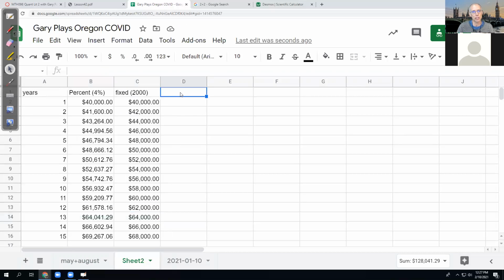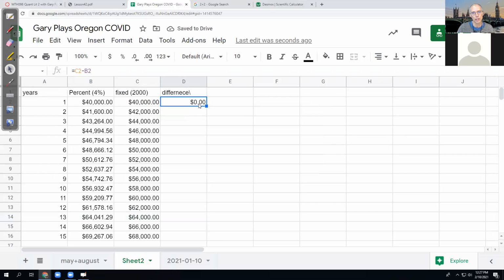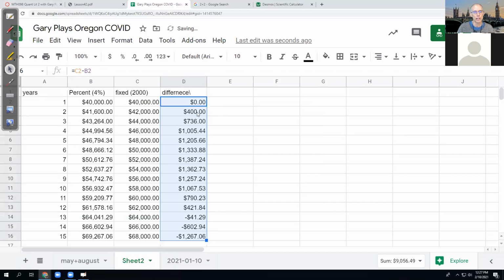So if I look at the difference here, if I take the fixed raise minus the percent raise, at first they're the same. And then if I copy that difference down, the fixed raise seems like it's just a better deal for a long time. But then all of a sudden, the percent raise starts catching up.